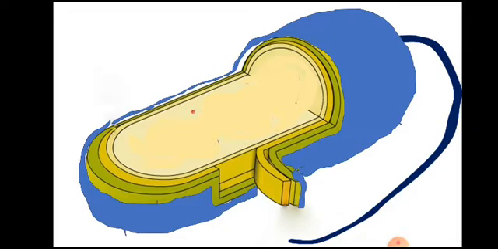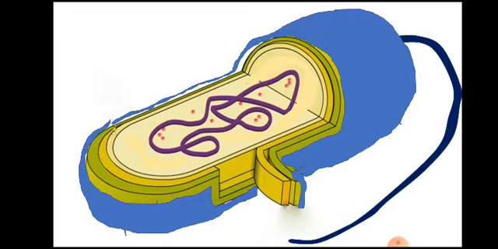The major inclusion present in the bacterial cell cytoplasm is this covalently closed circular DNA. So this covalently closed circular double-stranded DNA is called the nucleoid. So nucleoid, we can call it the genome of the bacterial cell.